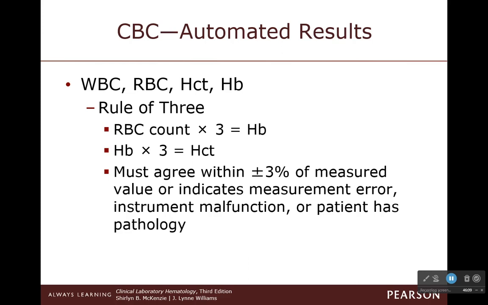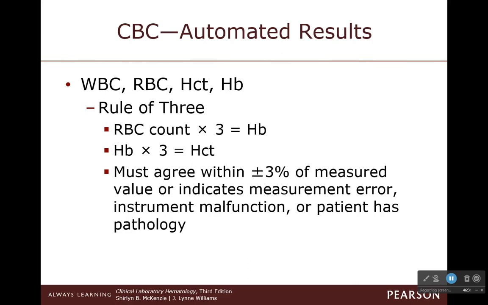So rule of 3 is important. Unfortunately, there's also another rule of 3 in blood bank you guys will learn later on, but don't get those two confused. Rule of 3: hemoglobin times 3 equals the hematocrit plus or minus 3. That's the big part of this that I want you to know.